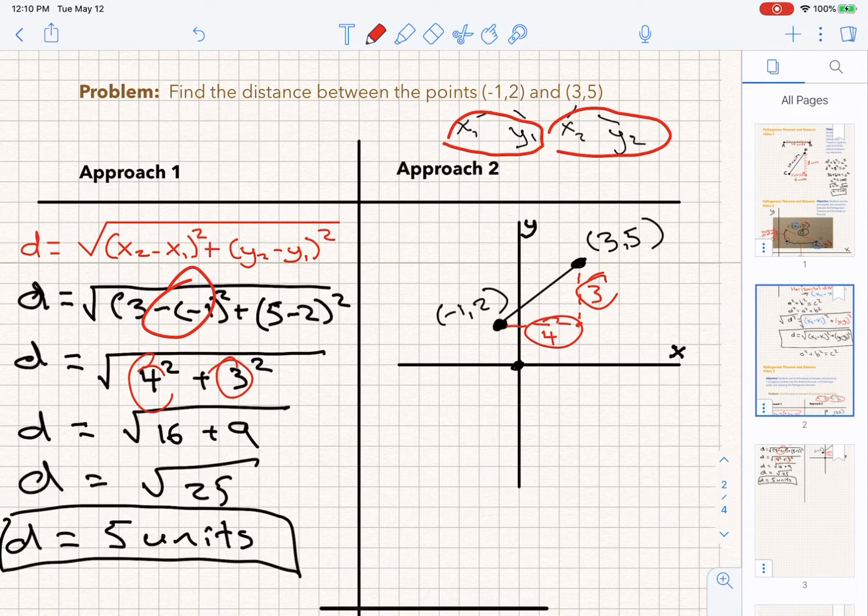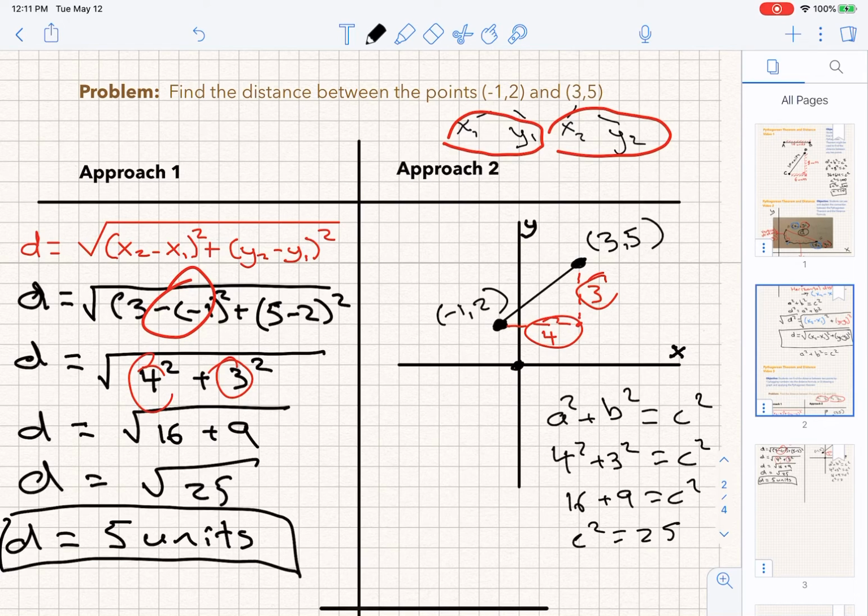Okay, so in any case, what you're going to do from here is you're going to write, I'll go to black, a squared plus b squared equals c squared, and you're going to say 4 squared plus 3 squared equals c squared, and this becomes, like we did in the other problem, 16 plus 9 equals c squared, and then we say c squared equals 25, kind of flipping that around, and c equals 5 units.